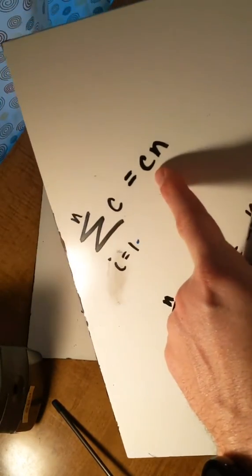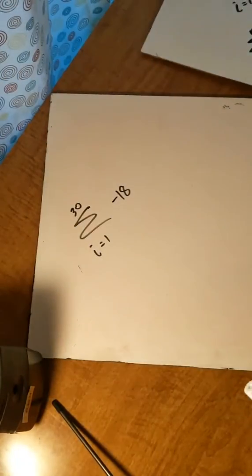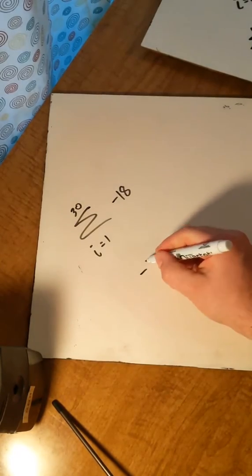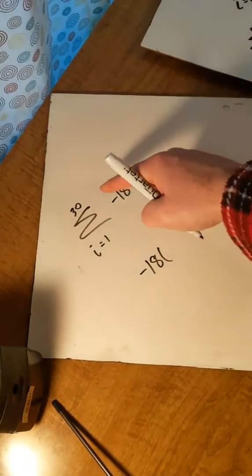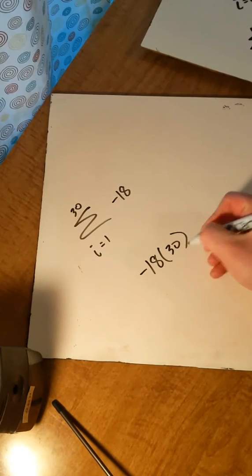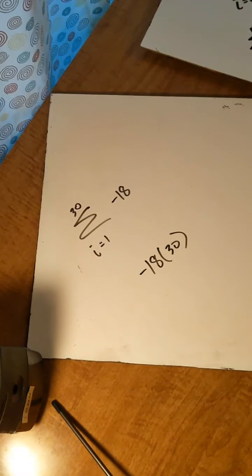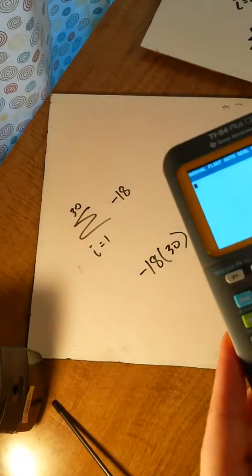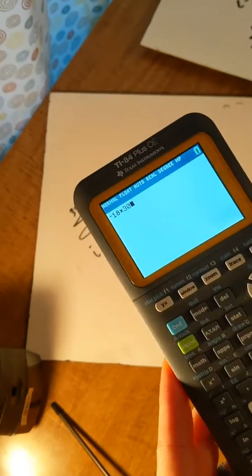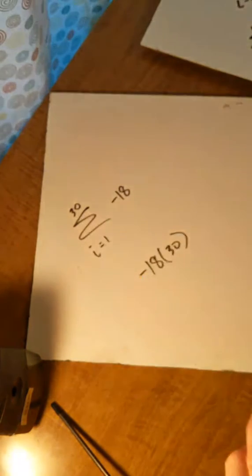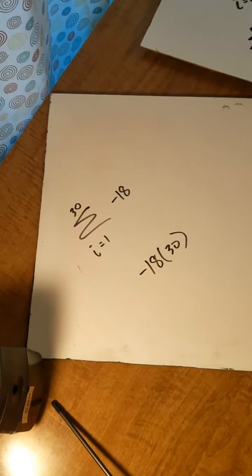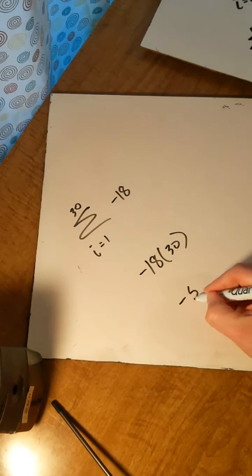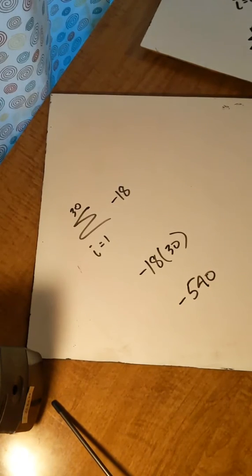We're just going to take that constant number and times it by n. So the constant number is negative 18. We're going to times it by our n number, 30. Type that into the calculator. All right, negative 18 times 30, negative 540. There you go.